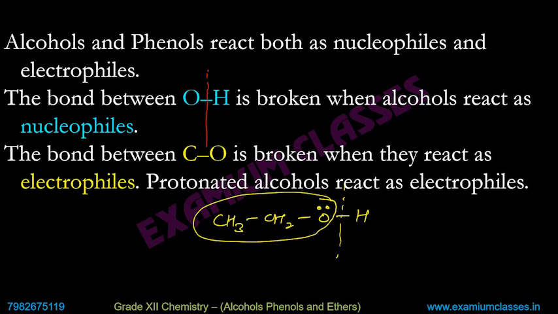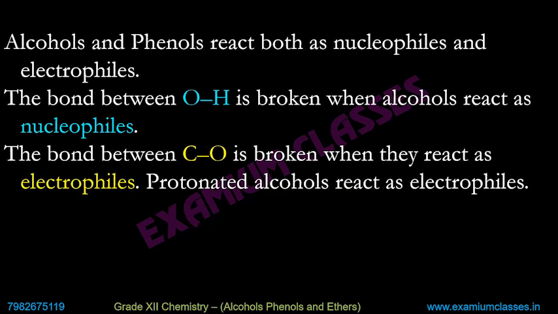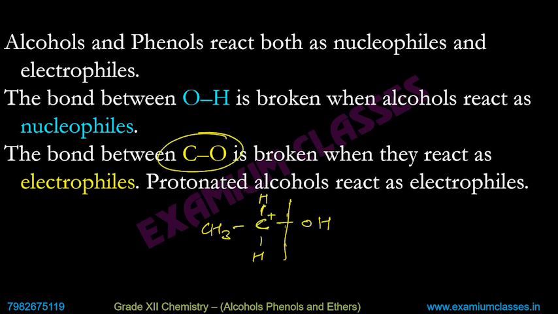But you can see that if you separate hydrogen, this is actually the oxygen which will be deciding which type of reaction it will be. So it acts as nucleophile. But suppose in CH3CH2OH, this CO bond gets broken. In this case, this carbon will acquire positive charge, it means it is looking for electrons.